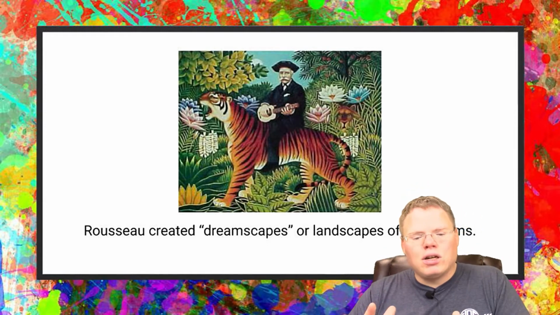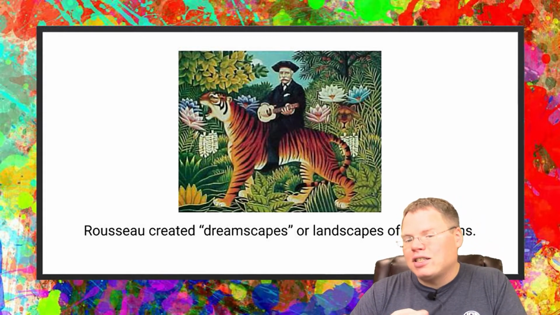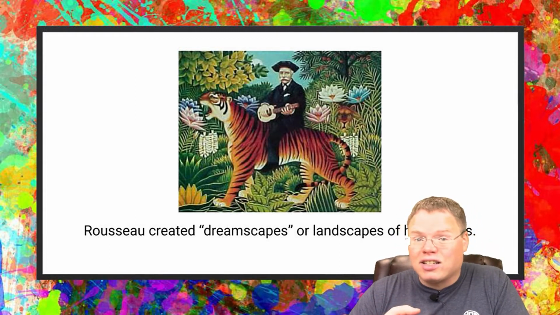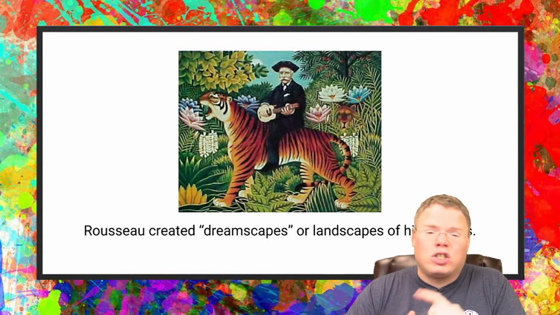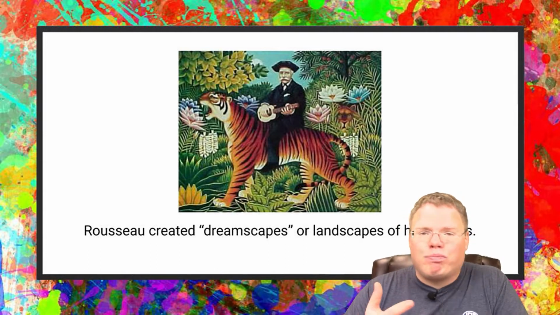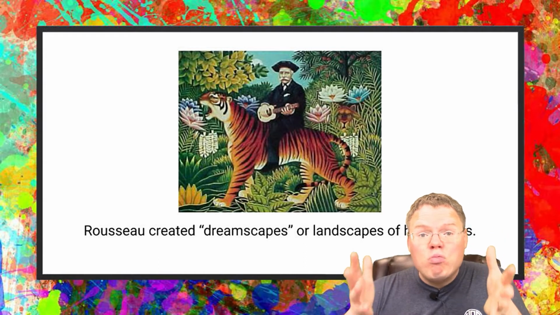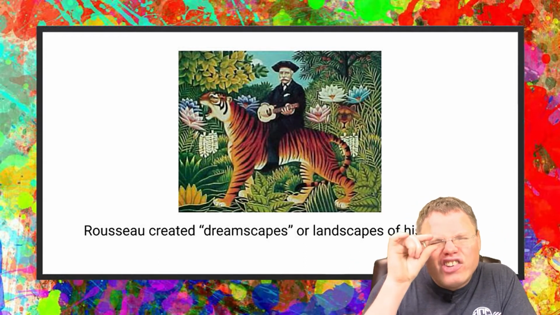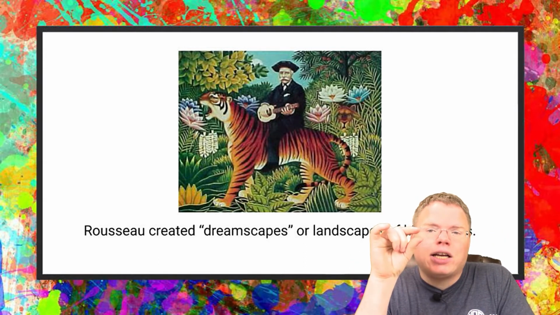But just look at all the layers with the tiger and the man's leg in front of the tiger and the other leg on the other side of the tiger. And then there's flowers, and then there's trees, and then there's leaves, and then there's grass, and so many different layers. And there's just a tiny little bit of the blue sky showing at the top.